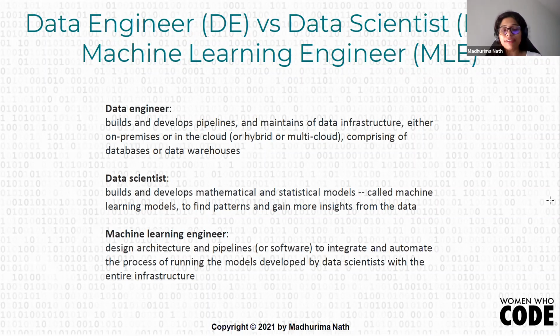Think of it as unifying multiple different data sources and data formats into a single data warehouse or a database so that it can be used by, let's say, some data visualization people or software engineers or data scientists or any other end users. It could be on cloud, it could be on premise, it could be a hybrid. So that's the basic task of a data engineer, to design those pipelines and make the data available for every other user.